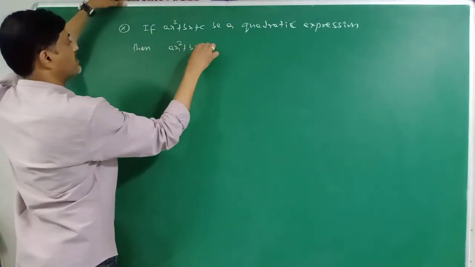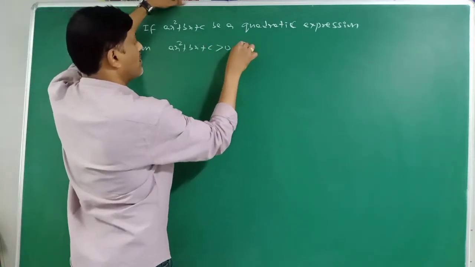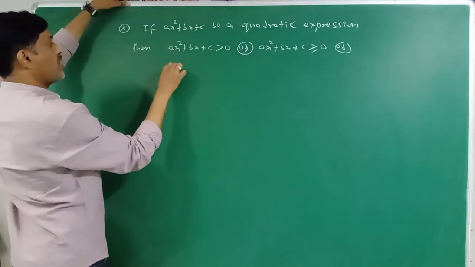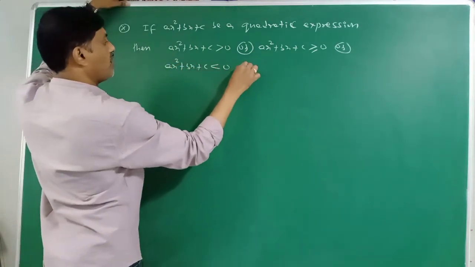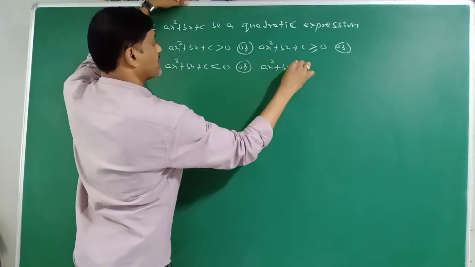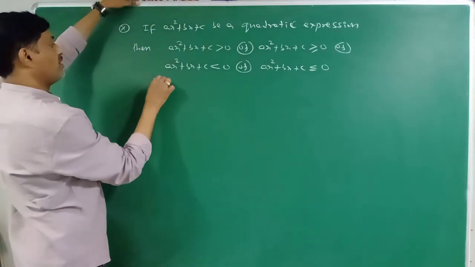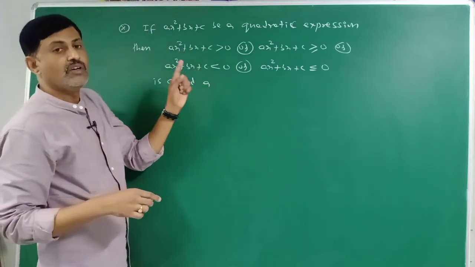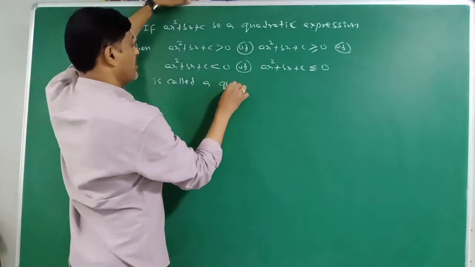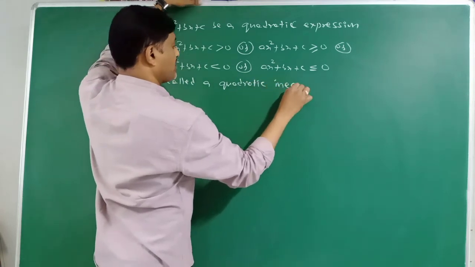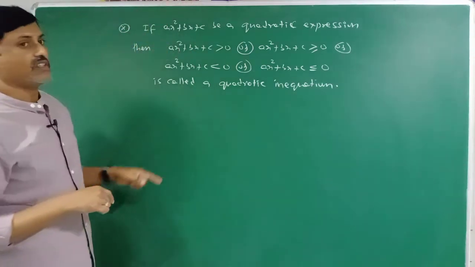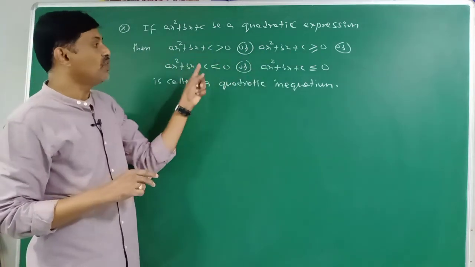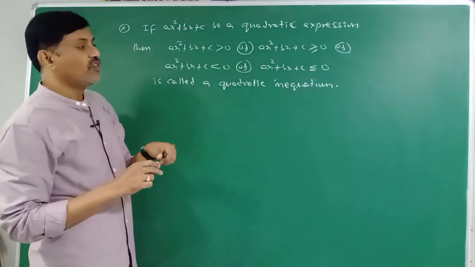ax square plus bx plus c greater than 0, or ax square plus bx plus c greater than or equal to 0, or ax square plus bx plus c less than 0, or ax square plus bx plus c less than or equal to 0 is called a quadratic inequation.